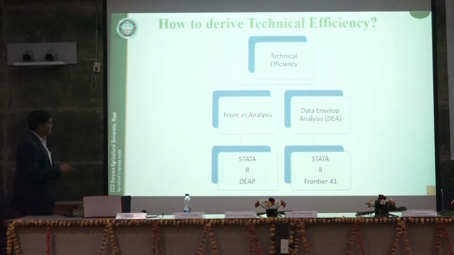So this frontier analysis is the parametric approach, and DEA is the non-parametric approach. We all know that the parametric approach is more efficient as compared to the non-parametric, because we have some type of distribution.